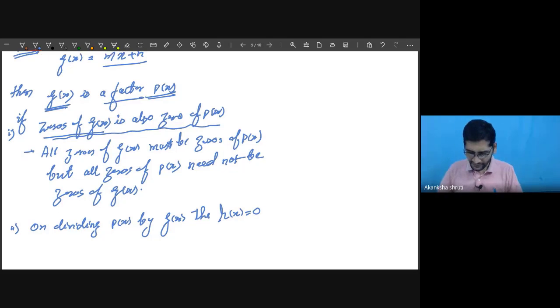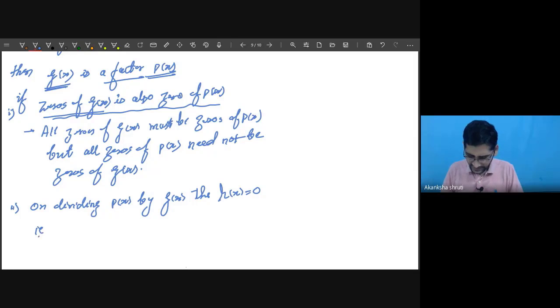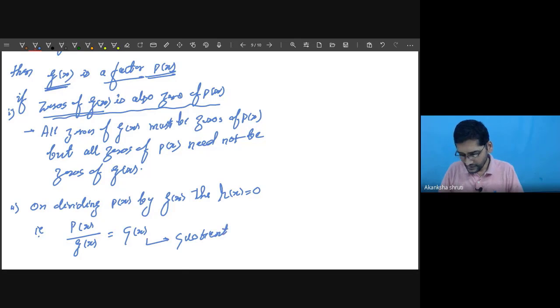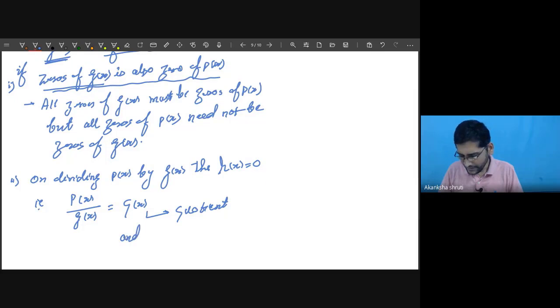Correct? Therefore, if we are dividing p(x) by g(x), there will be only q(x), the quotient, and remainder r(x) will be 0. No remainder.